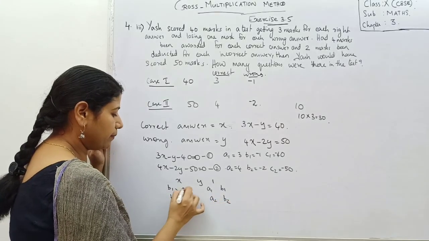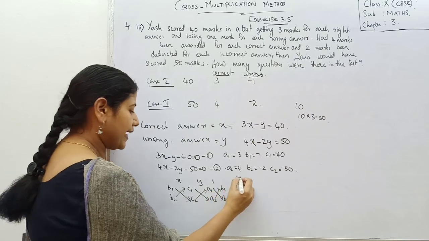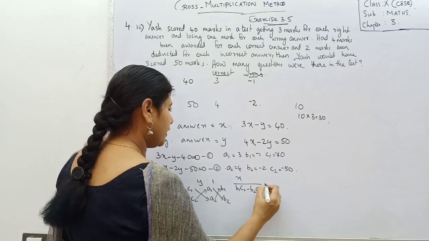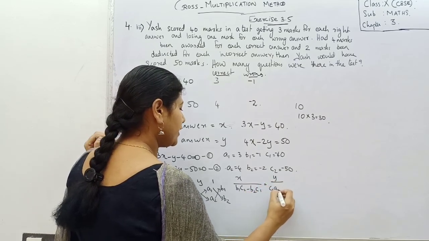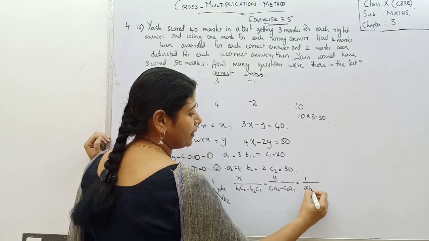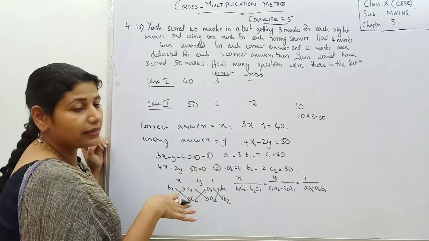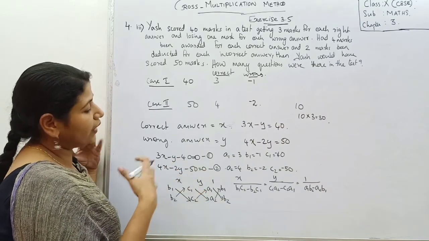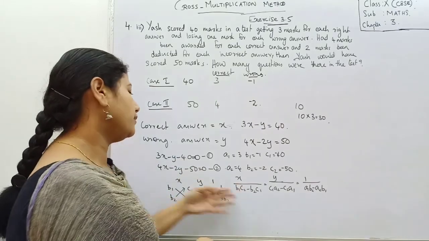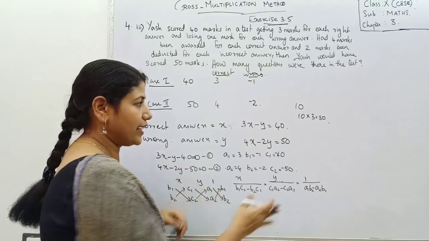Now we can cross multiply this. So we get x by b1 c2 minus b2 c1 equal to y by c1 a2 minus c2 a1 equal to 1 by a1 b2 minus a2 b1. We can substitute the values of a1, b1, c1 and a2, b2, c2 in this equation.